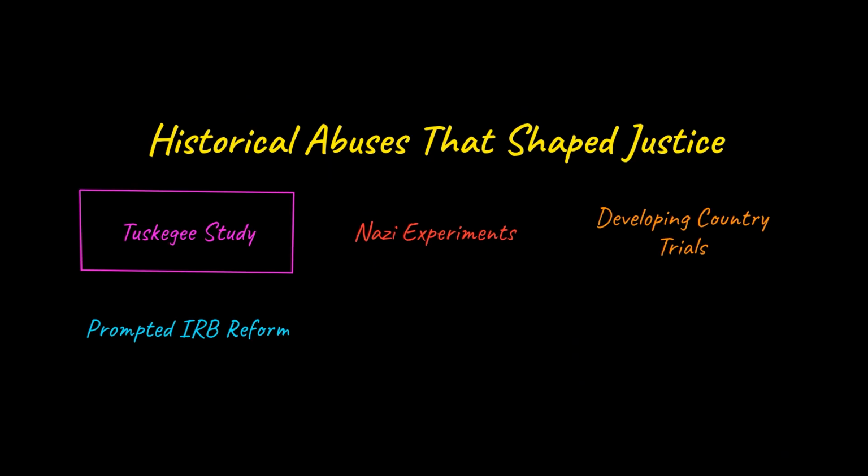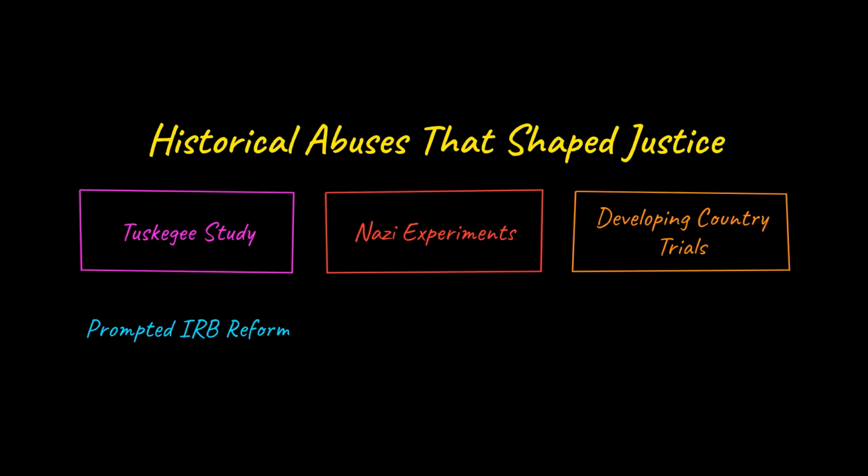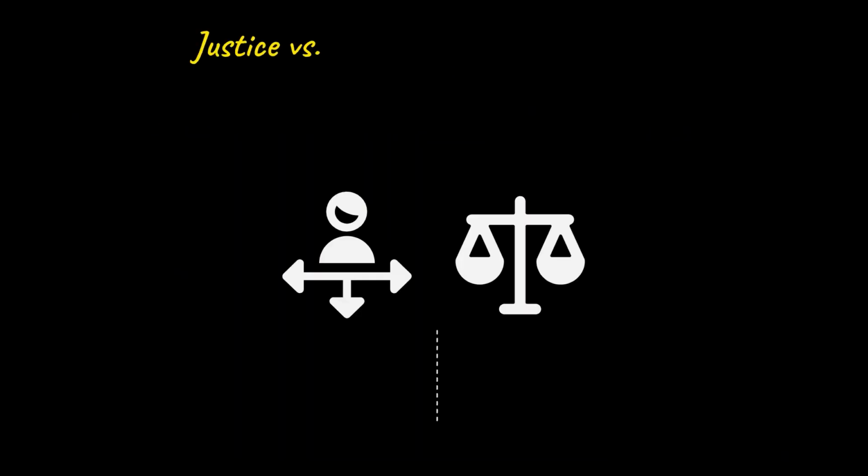The justice principle emerged directly from historical abuses, the Tuskegee syphilis study, Nazi medical experiments on prisoners, and clinical trials in developing countries where participants would never access the resulting therapies. Each abuse drove the reforms we now take for granted.